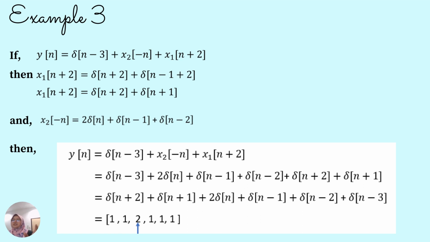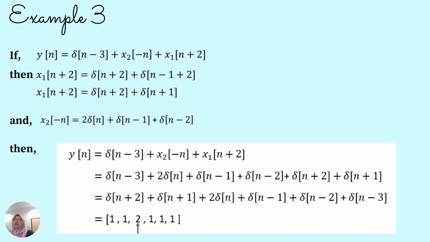Ada berapa delta n? Dekat sini ada 2 delta n. And then negative 1 pula, ada satu saja. Minus 2 ada berapa? Satu saja juga. Minus 3 ada satu saja juga.